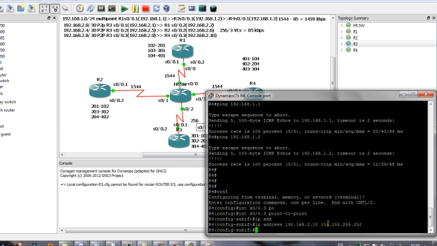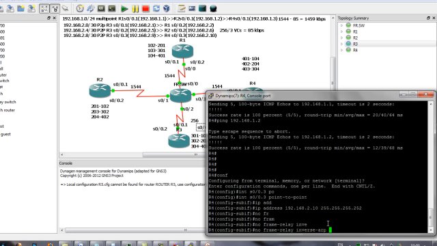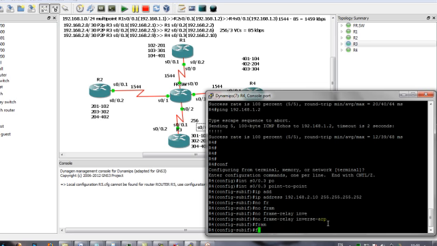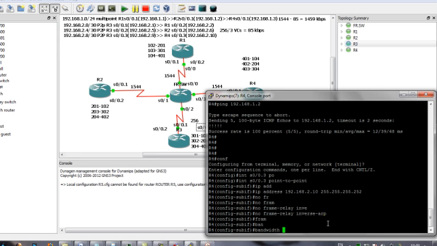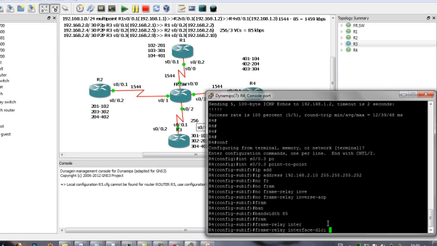Now no frame-relay inverse-arp. Don't forget the bandwidth, 85. Frame-relay interface-dlci goes out through 403.